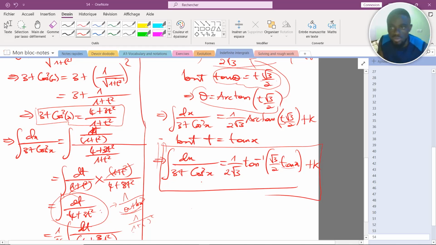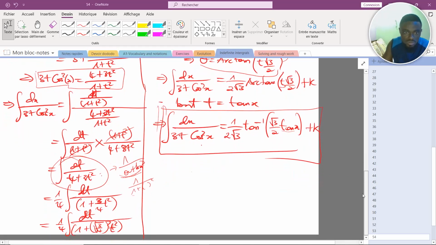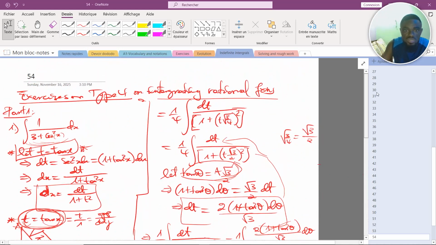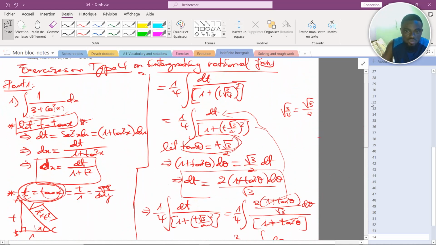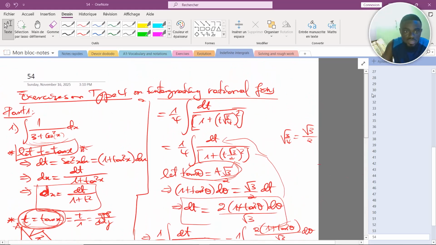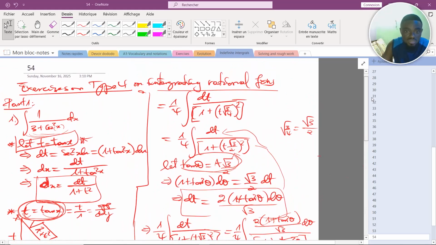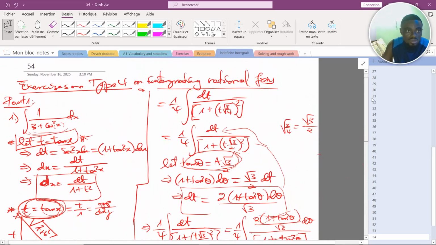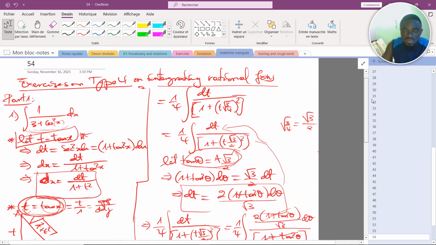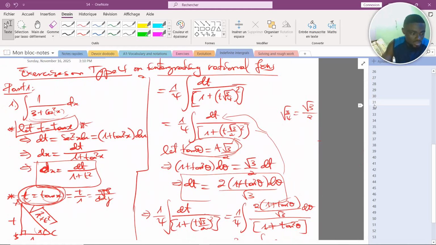So I hope you understood what was being done in this exercise. So try to do this exercise. This is an exercise that was taken from your textbook, Pure Maths Made Easy, I think on page 332.